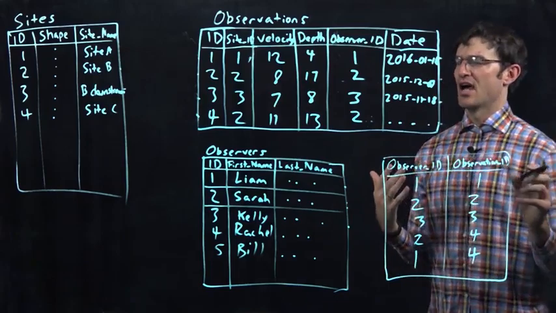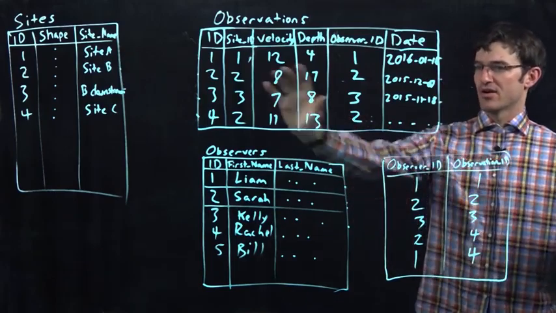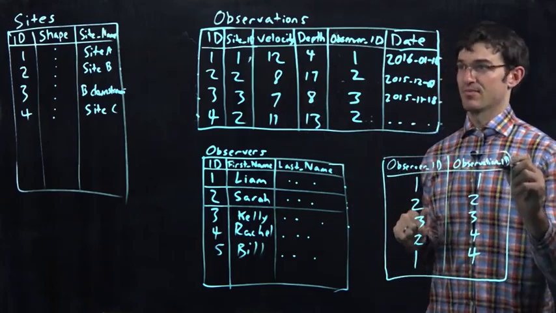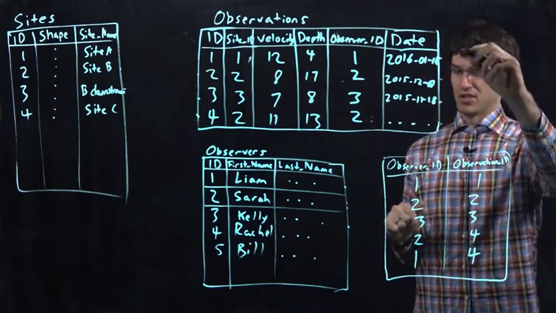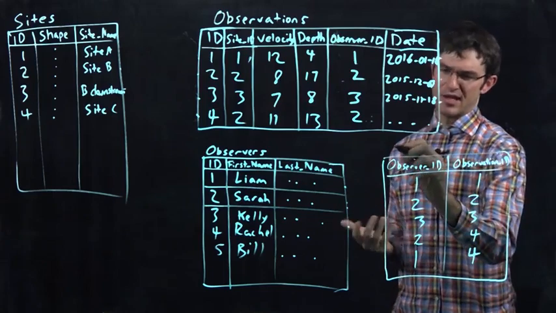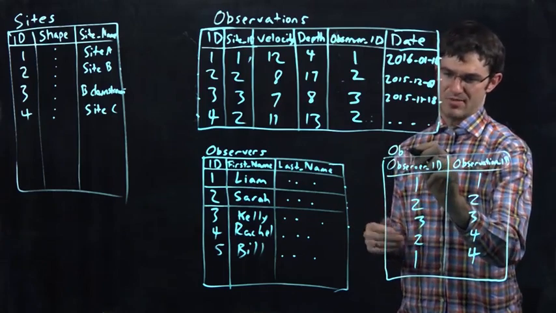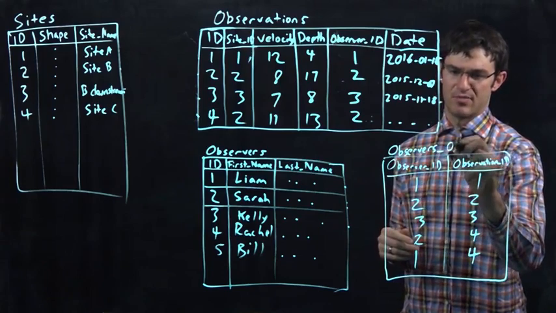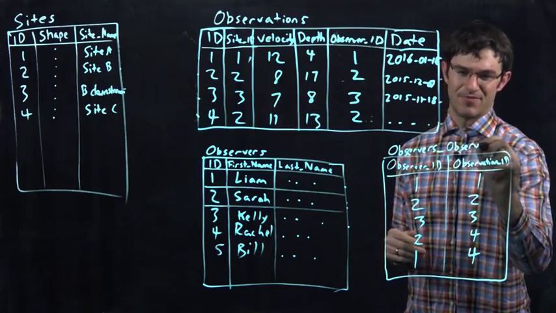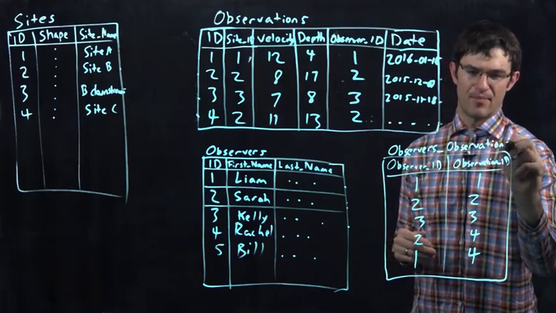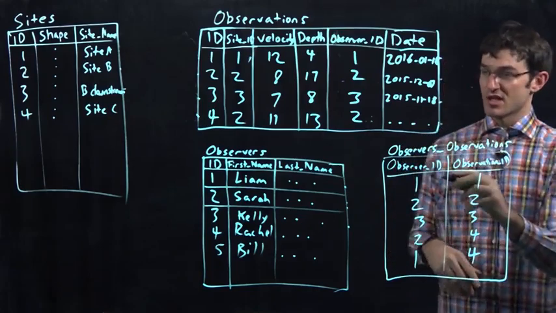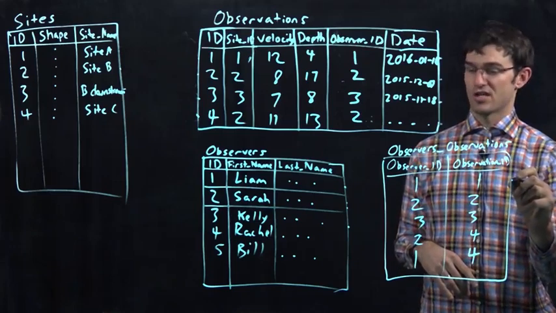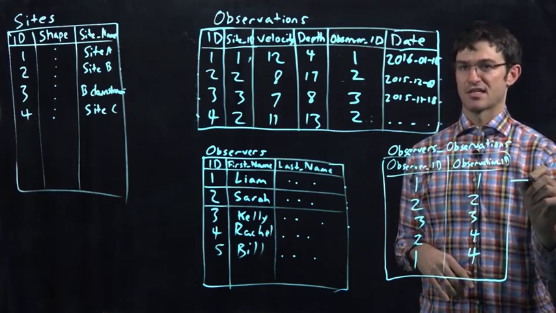If we did relate in here, we could relate this table, the observations table, to this table here, which I usually name something like both tables effectively so that we know where it's relating them. Observers, observations, which is a confusing name in its own way. But so observers, observations. So we can join this table here over to the observations table by observation ID.